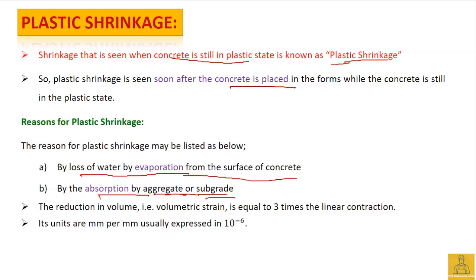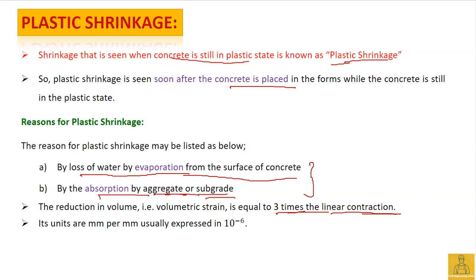If you place this concrete on a surface, something like concrete pavements, the surface below absorbs the water. In the same way, instead of aggregate, the subgrade is absorbing the water. Whatever it is, these two will lead to plastic shrinkage. The reduction in volume, or volumetric shrinkage strain, is equal to 3 times the linear contraction in this particular case.